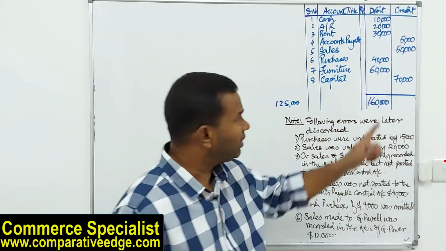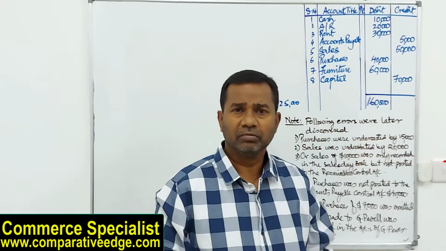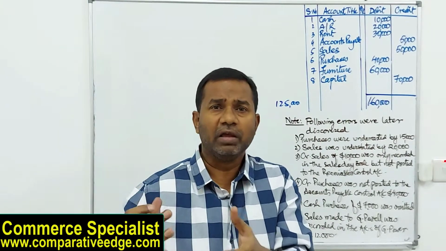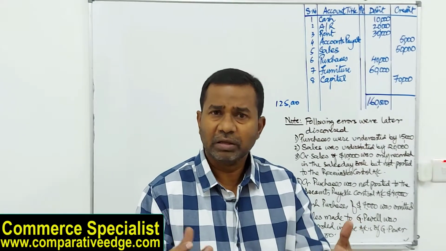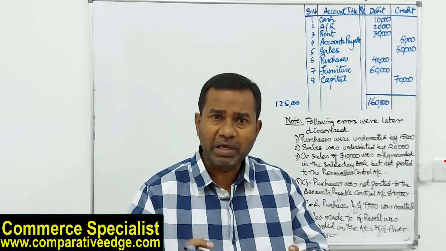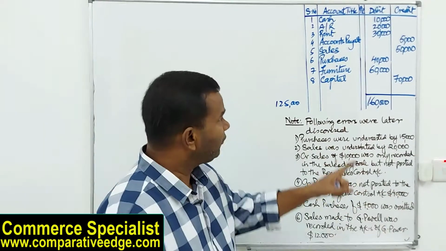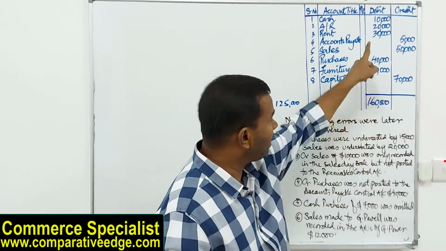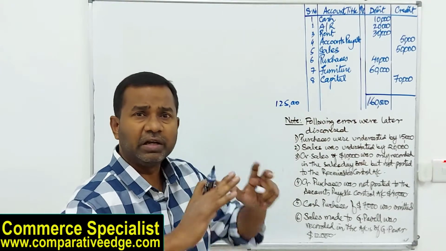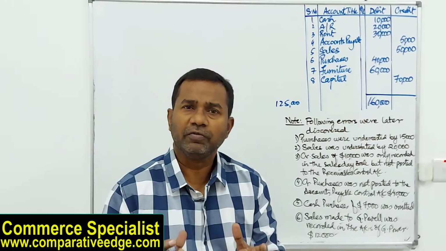Now we understand debit and credit should be the same in a trial balance. That's why we call it trial balance. Try to see if it's balancing, but it's not. So what we do now, for the time being, we need to go ahead. The difference between the debit side of 160 and the credit side total of 125 is 35.